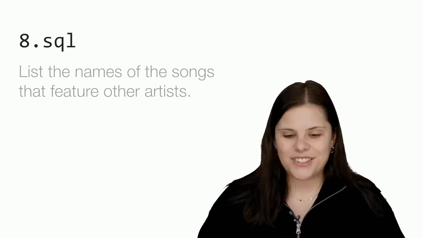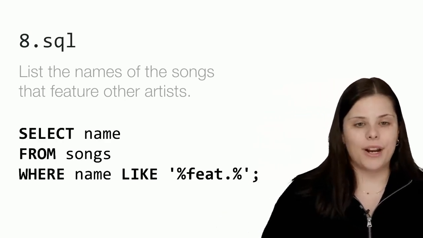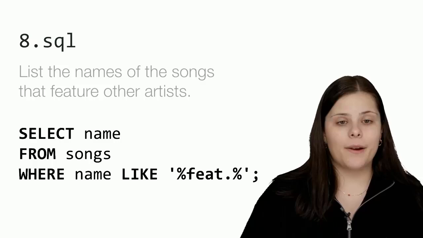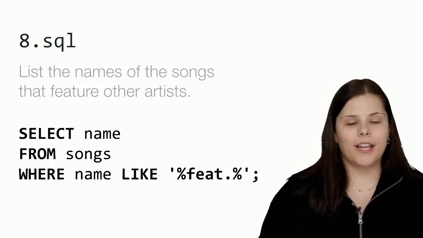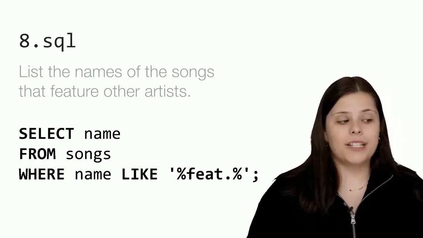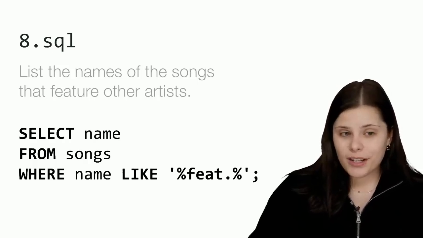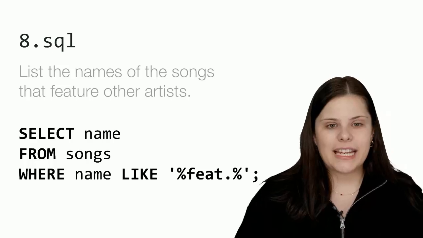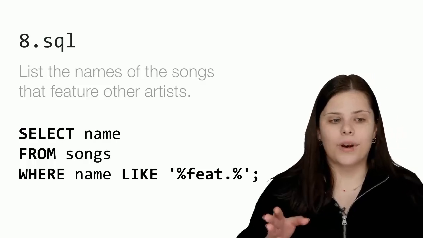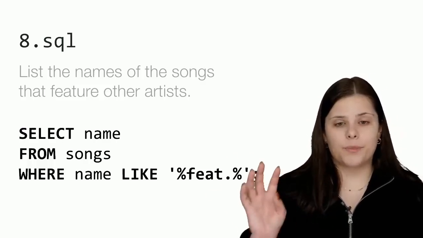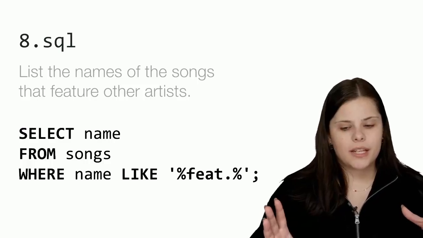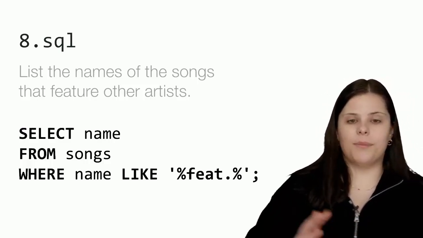And I already see some suggestions in the chat, and this is how we might want to go about it, right? So again, the select and the from will stay there. And then instead of specifying where a name equals something, we're using the LIKE operator. We're not entirely sure how it might look like, but we can guess that the FEAT period will be somewhere in between. And therefore, we're using percent signs on both sides because there might be some words that come before it, some words that come after it.